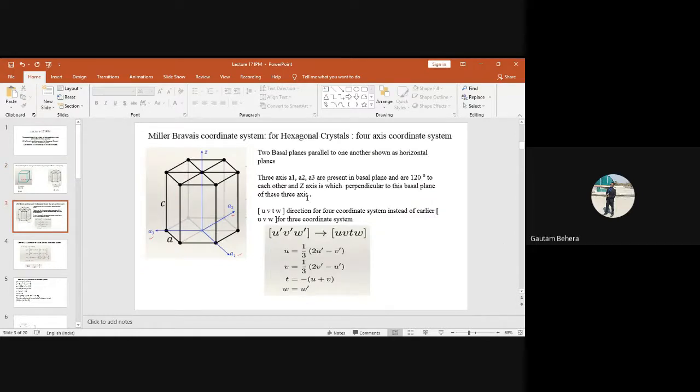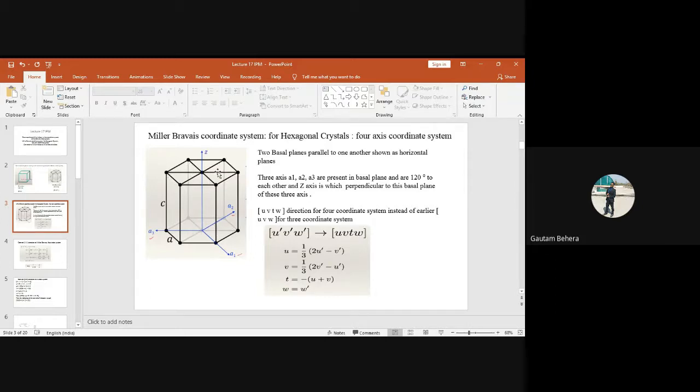Now we'll discuss the Miller-Bravais coordinate system, that is for hexagonal crystals or hexagonal close-packed crystals. You can simply call it the four-axis coordinate system. Now you can see what we have in this hexagonal unit cell. We have a bottom plane and a top plane.